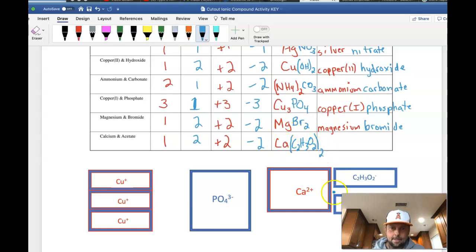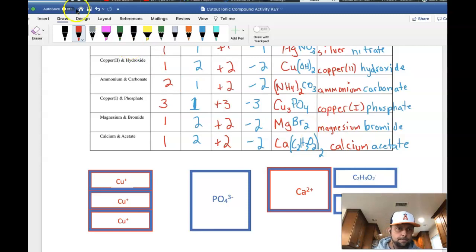So 2 acetate ions in order to match up with a single calcium. So the second part is going to be acetate. We always write our negative ion second to keep the positive things first. And then this will just be calcium.